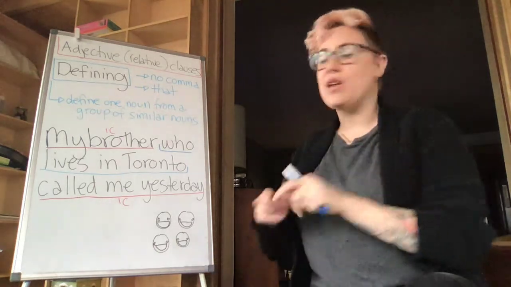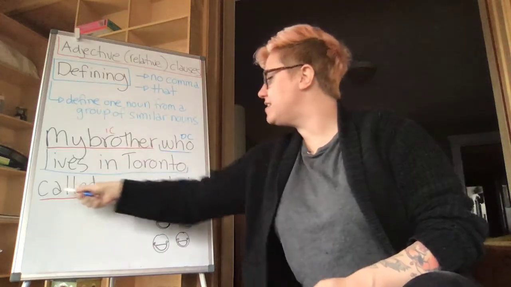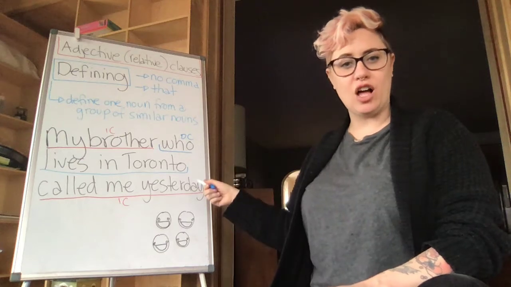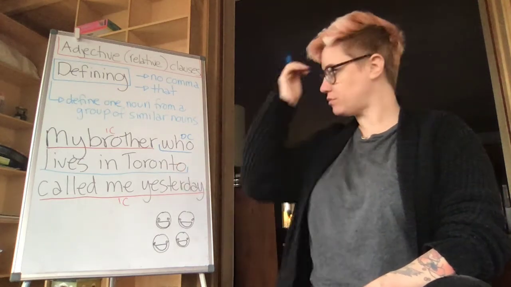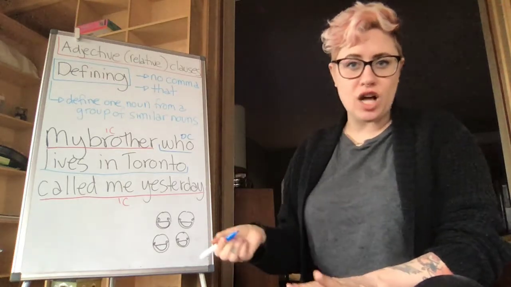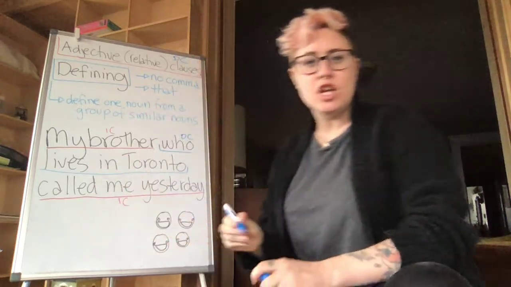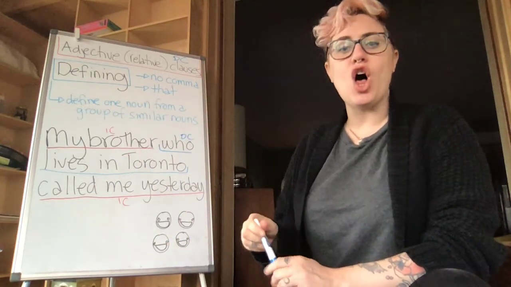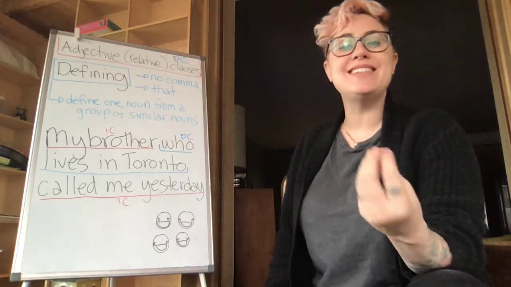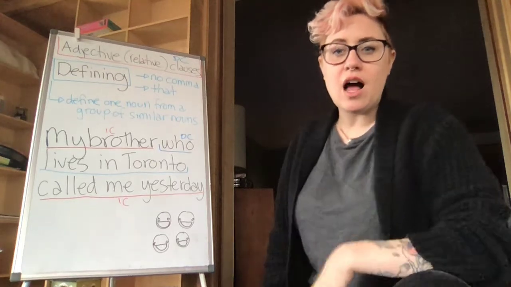Okay, so I just want you to understand that we have two clauses. An independent clause, my brother called me yesterday, and a dependent clause, who lives in Toronto. All adjective clauses are dependent clauses. So your adjective clause is always a dependent clause. Adjective clauses are a style of dependent clause.